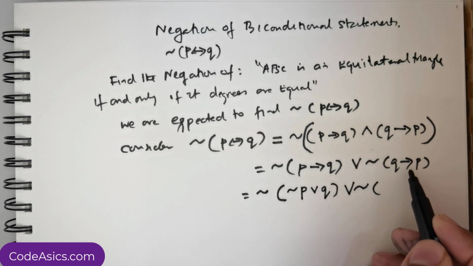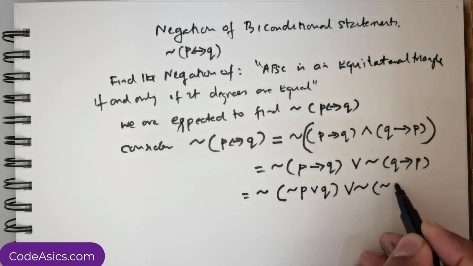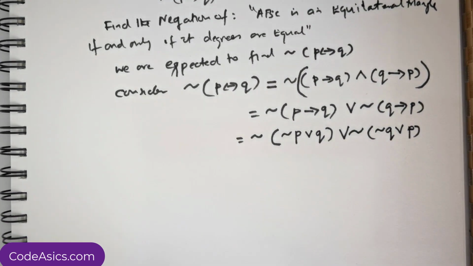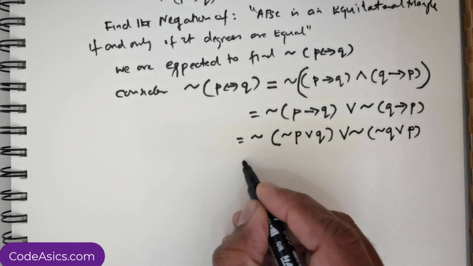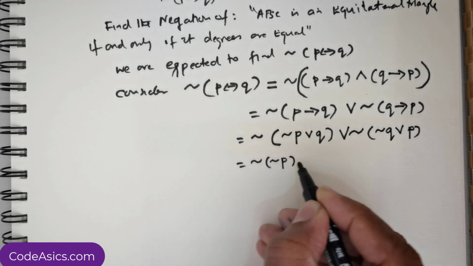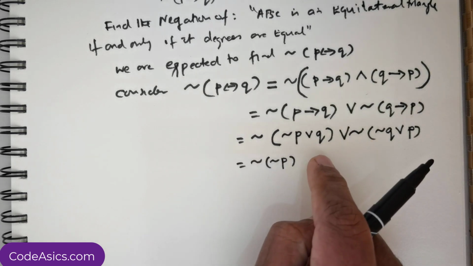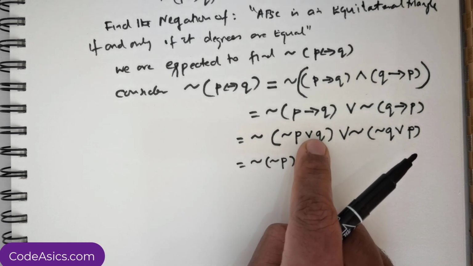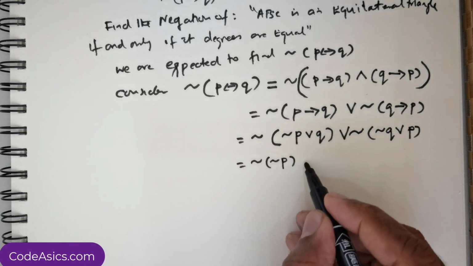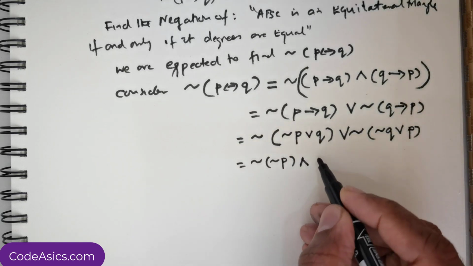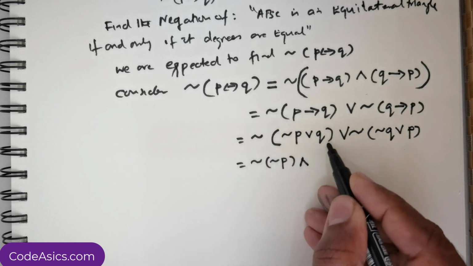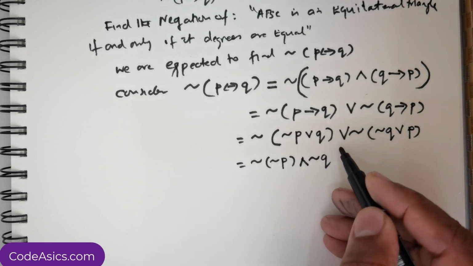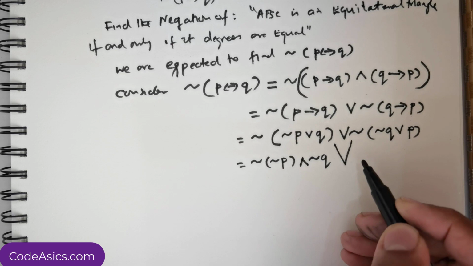I can get rid of this conditional statement, and that would be negation of Q disjunction P. Now I would distribute this negation, and that would give me negation of negation P, and once I apply the negation to this disjunction, it would become a conjunction, and then I apply the negation to Q. That's going to be negation of Q. I already have a disjunction, so I place that.